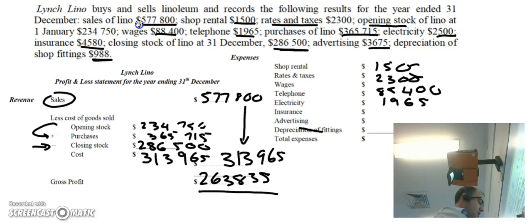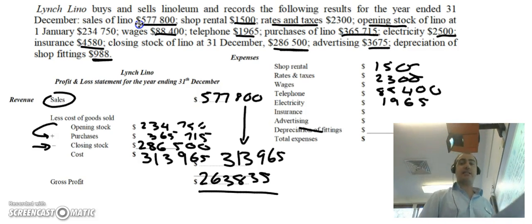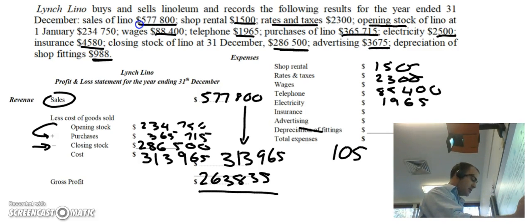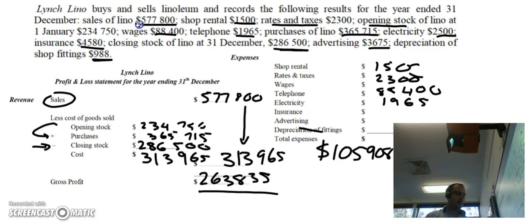We had electricity costs, we had insurance costs, we had advertising costs, and depreciation, which is an expense as well, and that was around about $988. So we total all of those expenses up, and we find that it's $105,908 of total expenses.